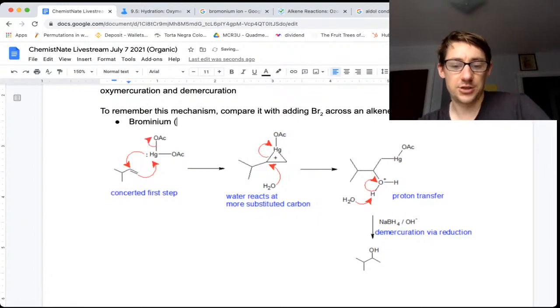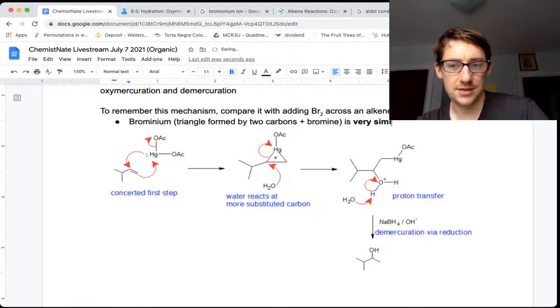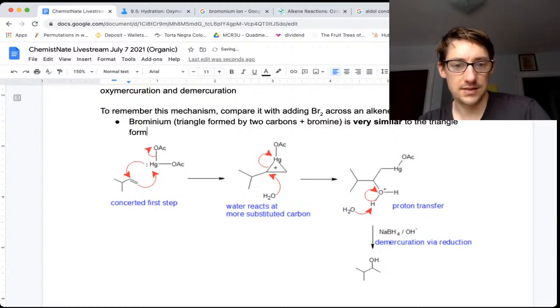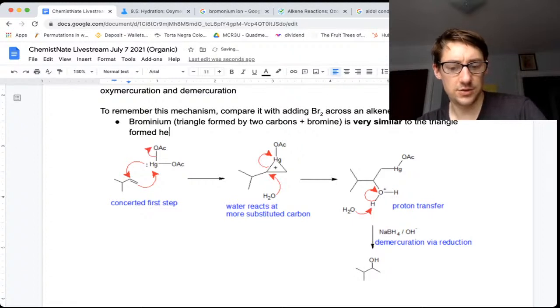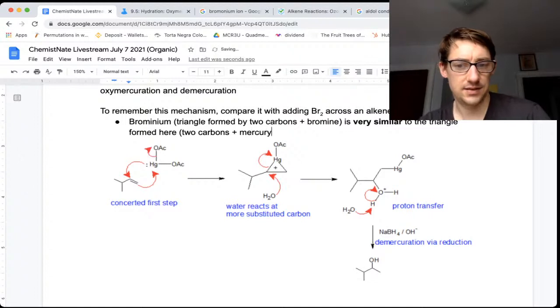Brominium, which is the triangle formed by two carbons plus bromine, is very similar to the triangle formed here: two carbons plus mercury.